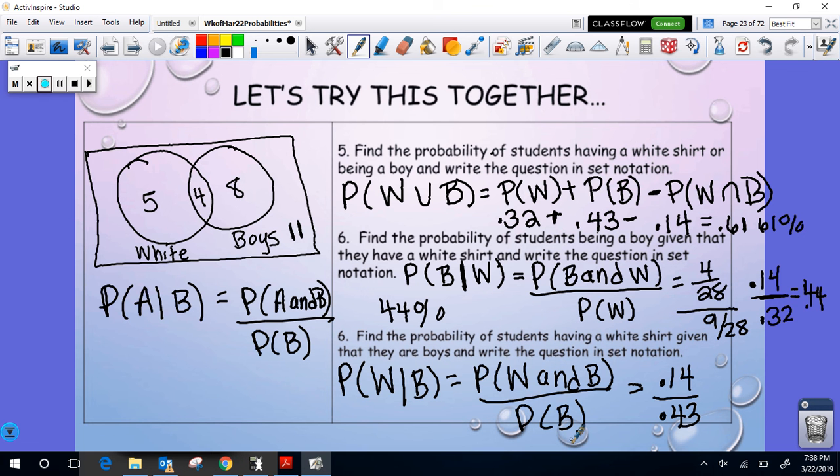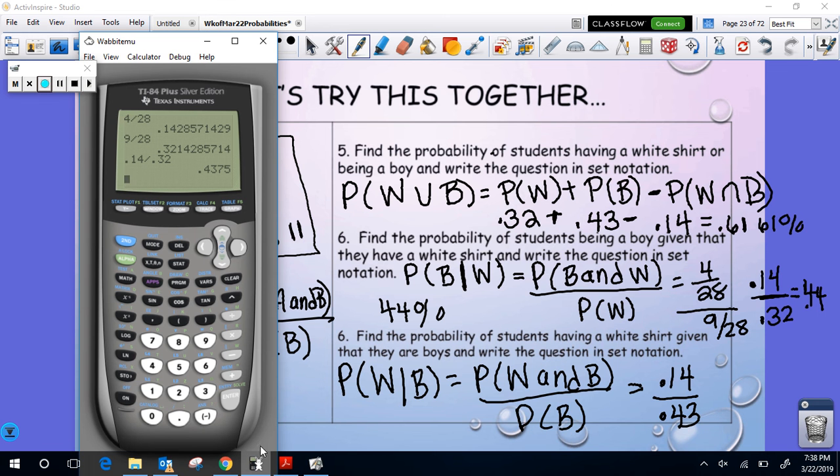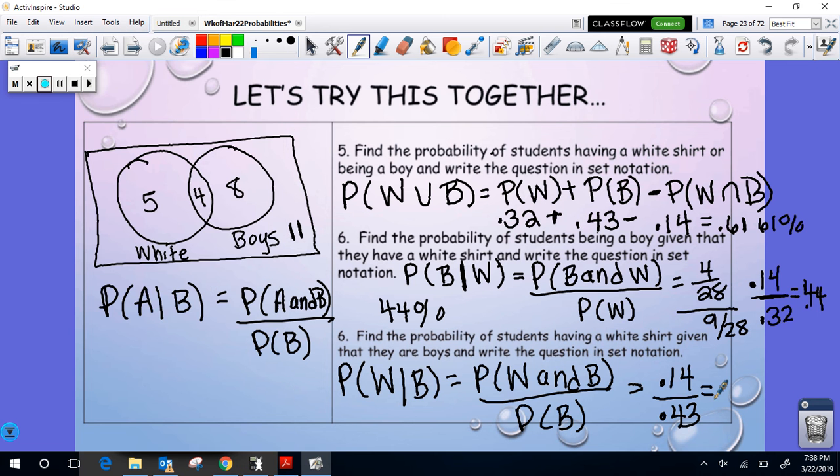And if you needed to figure that out, the probability of being a boy is going to be 12 over the total amount of students, which is 12 over 28, which is 0.43. So now I'm going to take the calculator and do 0.14 divided by 0.43 equals 0.33 or 33%.